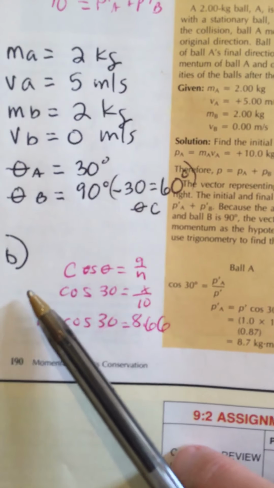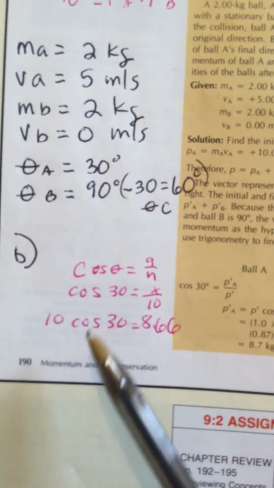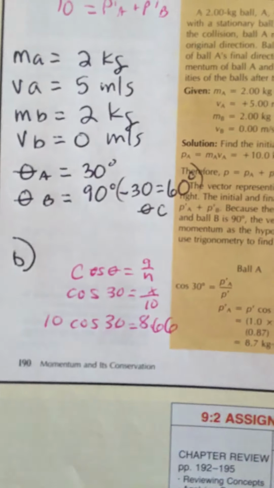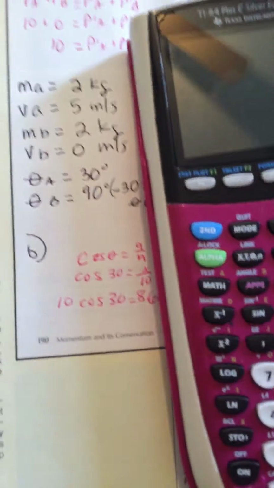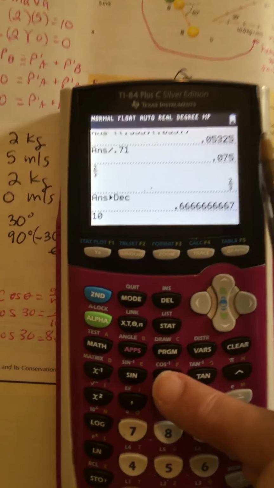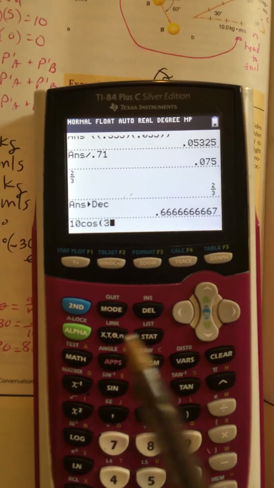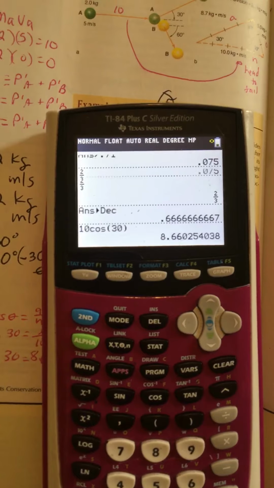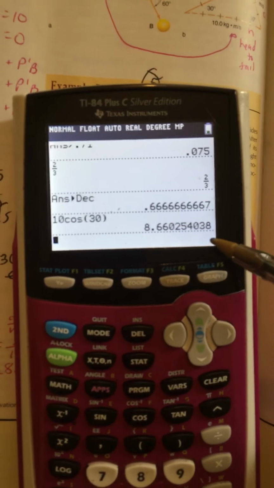I multiply both sides by 10 to get it out of the denominator, so I end up with 10 cosine 30, and I do it on my calculator. On my calculator, I do 10 cosine 30, close it up, and there's the answer, 8.6. And I did it right. Yay! They rounded it off to 8.7.